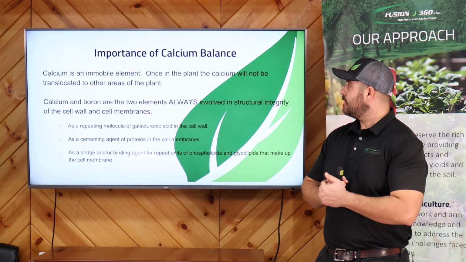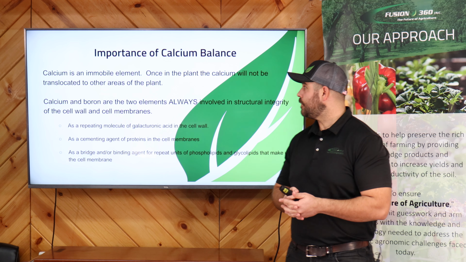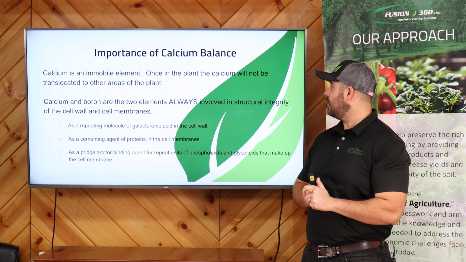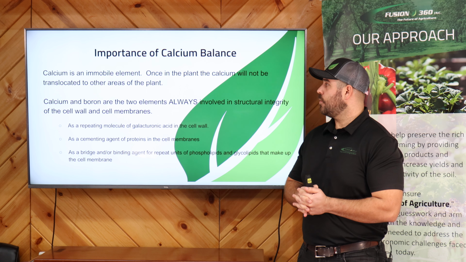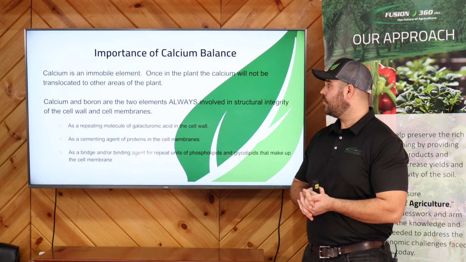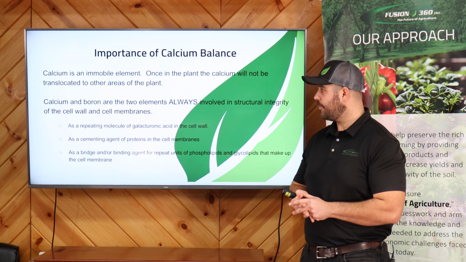So what is the importance of calcium balance? Calcium is an immobile element. Once it's in the plant, the calcium will not be translocated to other areas of the plant. Calcium and boron are the two elements always involved in structural integrity of the cell wall and cell membrane.